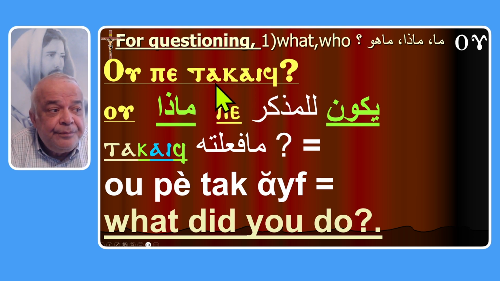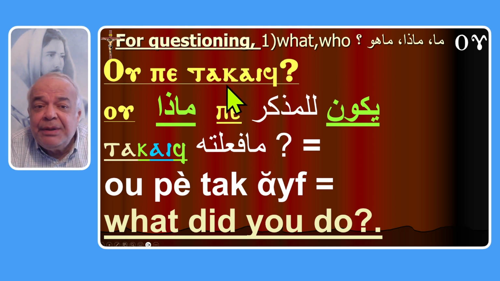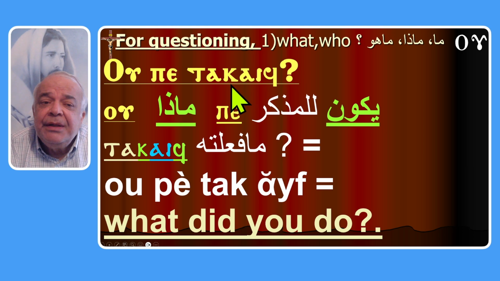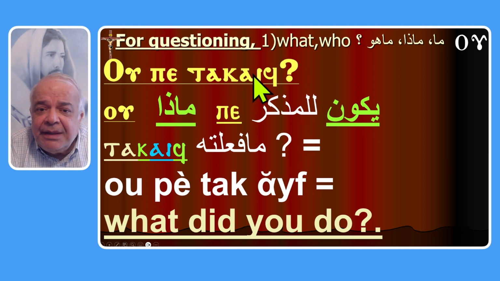Kabba is the second person singular masculine. Aif, alpha iota, is a complete verb that means did or do, verb to do with David, like David, do.